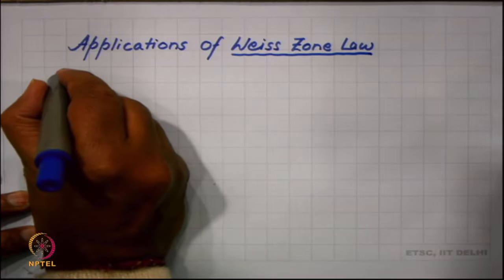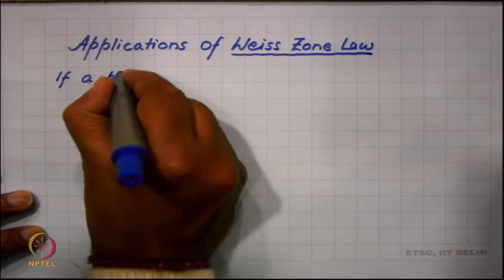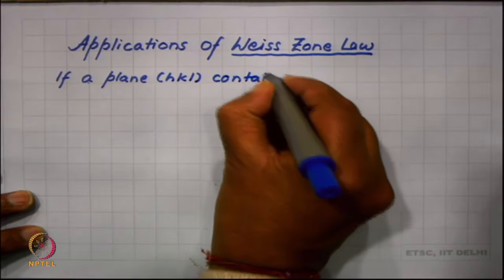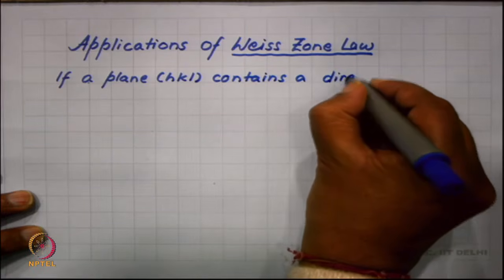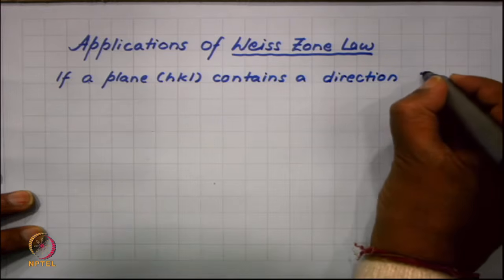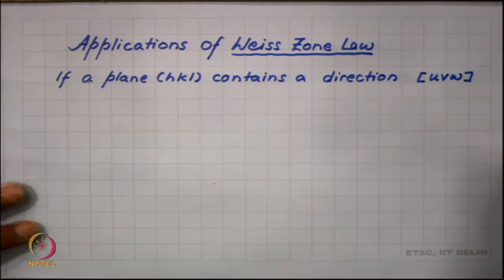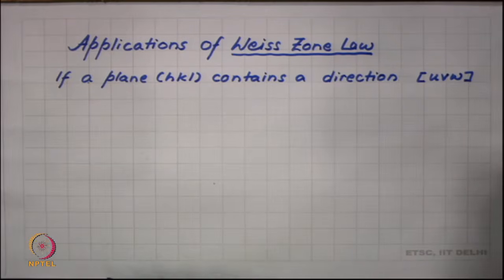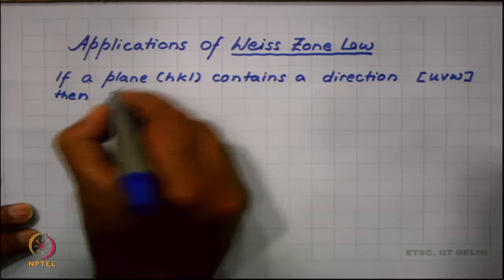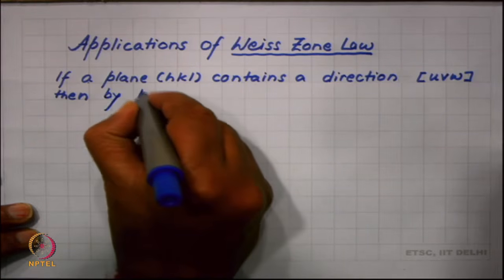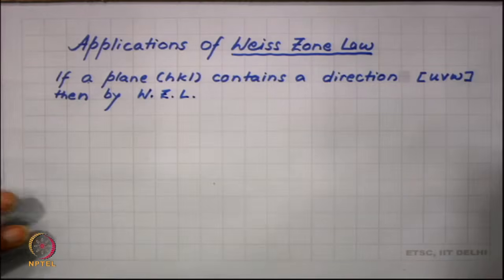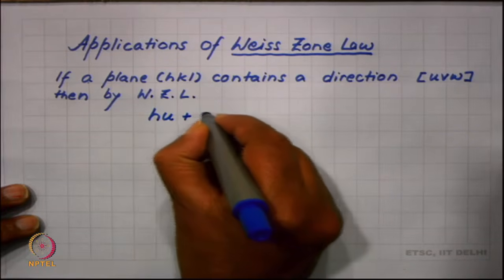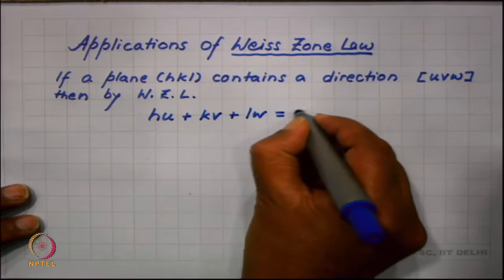It states the condition that if a plane (HKL) contains a direction [UVW] - I will again remind you, round brackets for the plane, square brackets for direction - then by Weiss Zone law, I am writing it in acronym, we have HU plus KV plus LW is equal to 0.